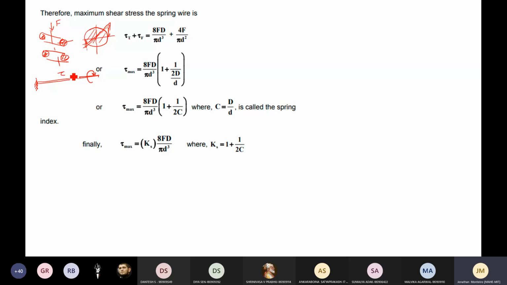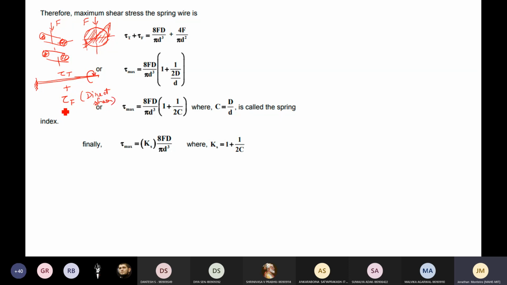So this gives rise to tau T, or torsional shear stress, plus, due to direct application of the load F, this F at any given moment of time is passing through the cross section of the wire. So this is a kind of direct shear stress, which we call tau F. So tau T is torsional shear, and this we call direct shear.